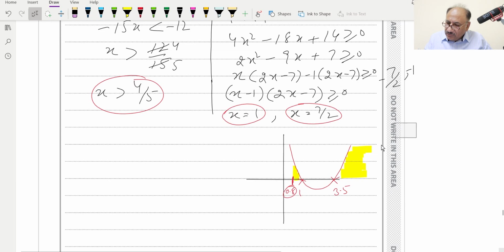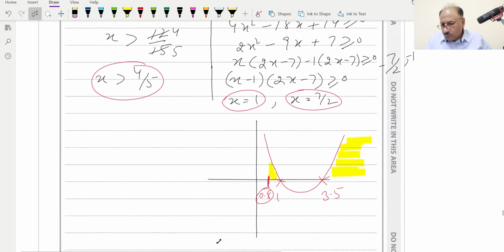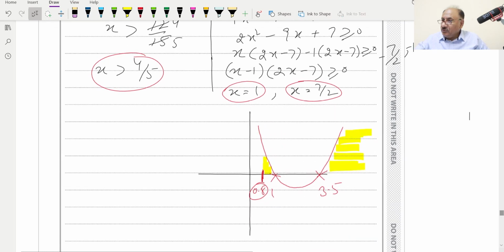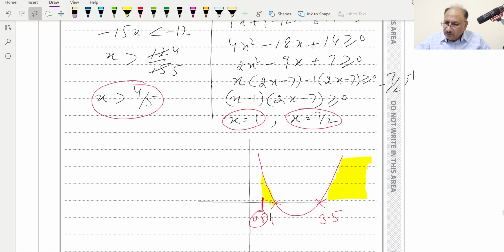So I will increase the size a little so that you can see this properly. We require this side and this side, up to this 0.8. And for the values which we have to mention, we will write x should be greater than 4 over 5, which is 0.8, and it should be less than or equal to 1, which is this one.